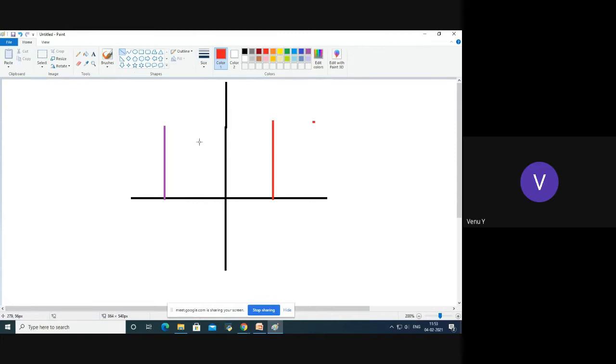This is the VI characteristic during light load conditions.